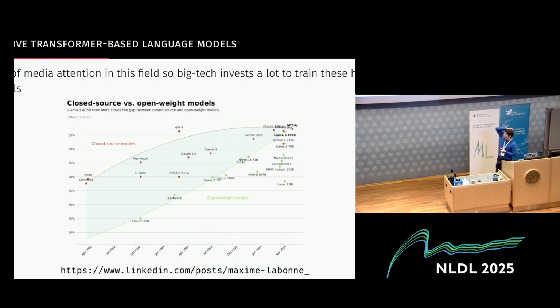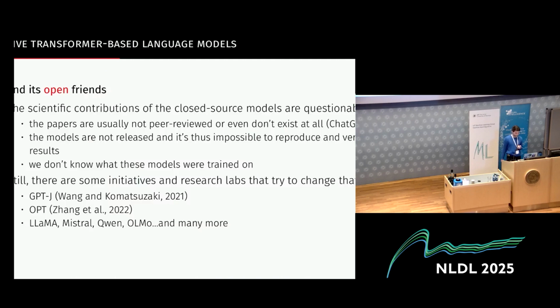For a long time, these models were dominating, but you can also see the green dots, which are getting closer and closer to the red dots. The green dots are open source models, which have all the weights available freely, so everybody can just download the model and use it themselves.